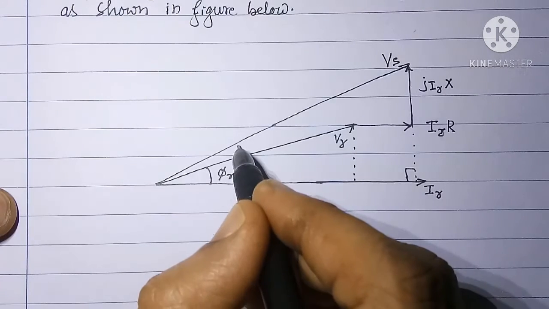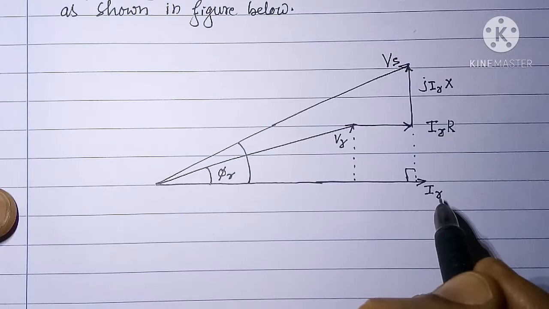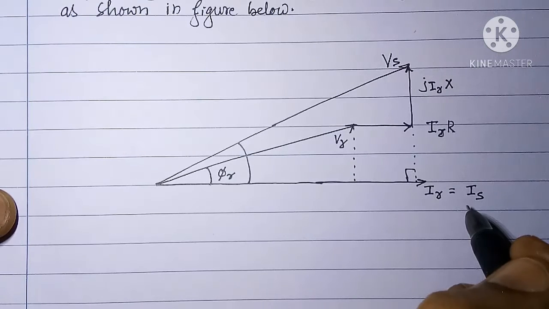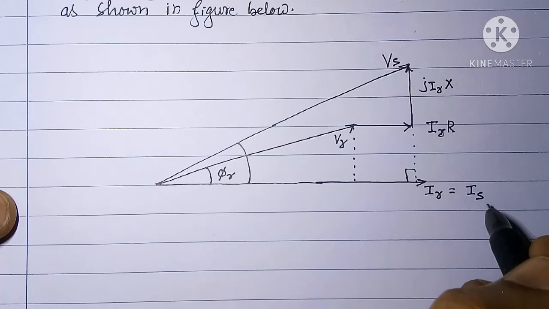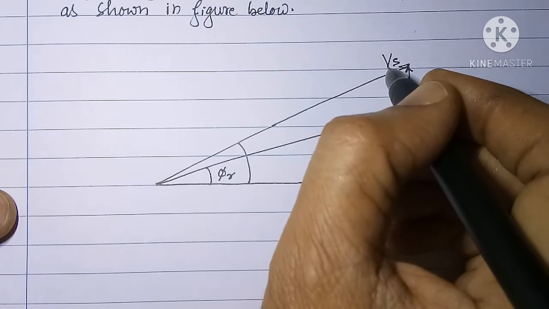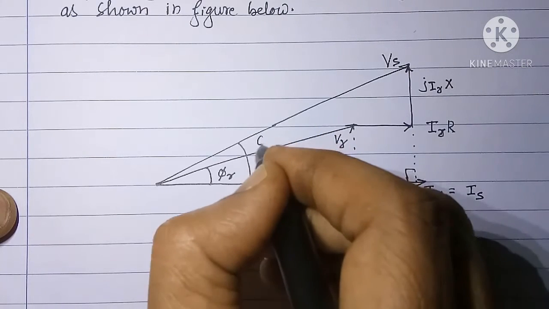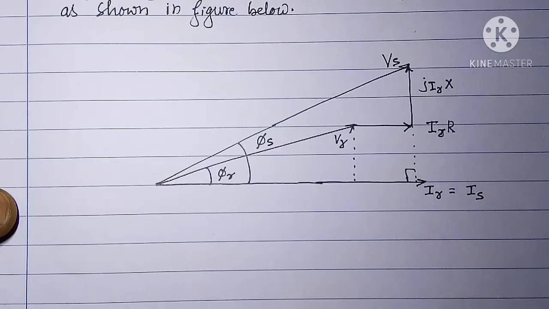Let the angle between sending end current and sending end voltage be phi s.